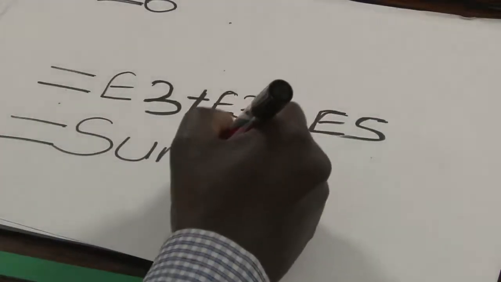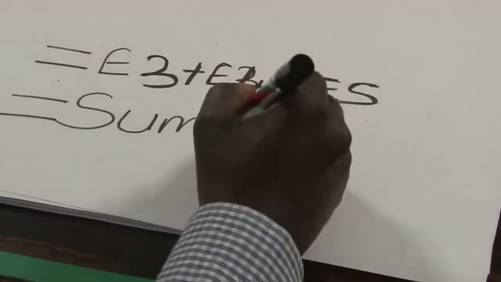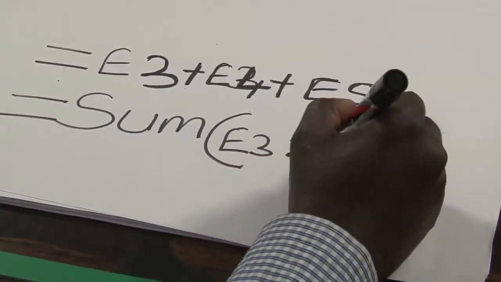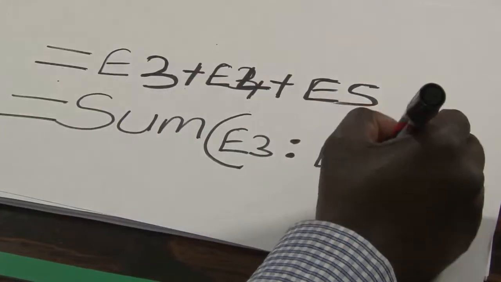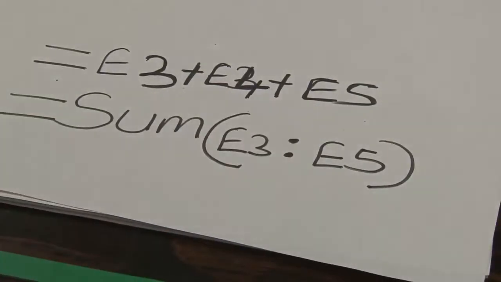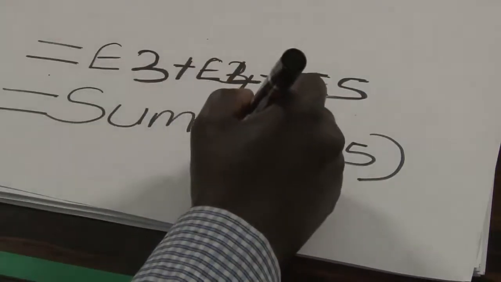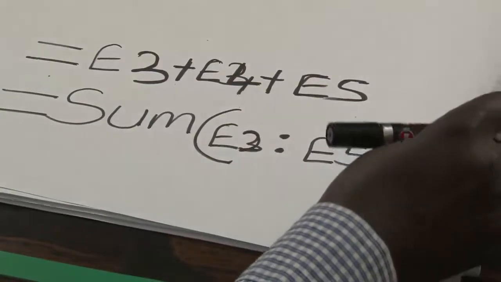Sum, then you open a bracket, E3 to E5. E3 to E5. I want you to look at it. What makes the difference here? I'm adding together. Let me write it properly here.